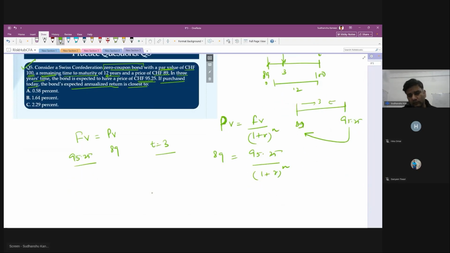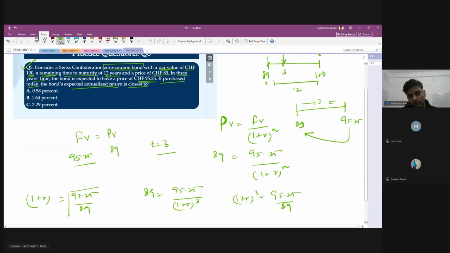What I'm saying is 89 is equal to 95.25 divided by (1 plus R) raised to power 3. So (1 plus R) raised to power 3 is equal to 95.25 divided by 89. If you try to solve it, 1 plus R will be the cube root of 95.25 divided by 89.